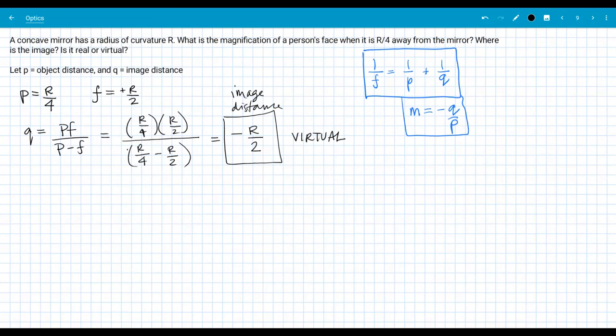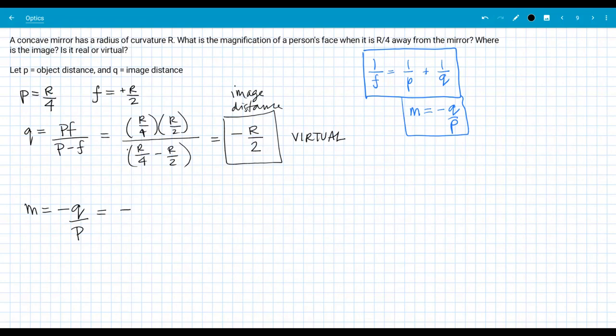This question is asking us for magnification as well. So let's solve for that. The equation for magnification is negative Q over P. So remember that that negative sign is in the equation. It always is there. And when you substitute in, I would use parentheses to make sure that you're substituting in with the intended signs. Try not to do too much of the sign management in your head. I've seen that go very wrong.